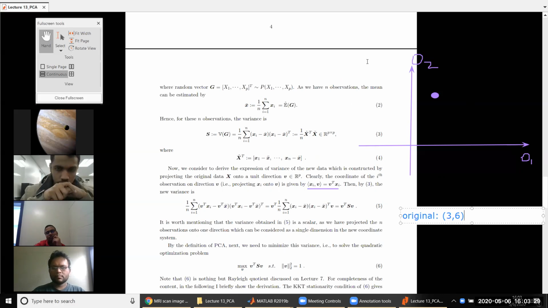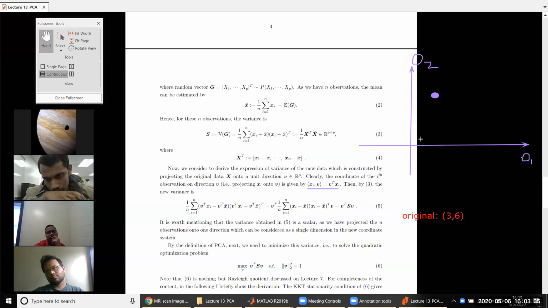Now I say, hey, I don't like it, so I change it to this coordinate system. Now my new system is in this way. For the same data point, what is your coordinate?